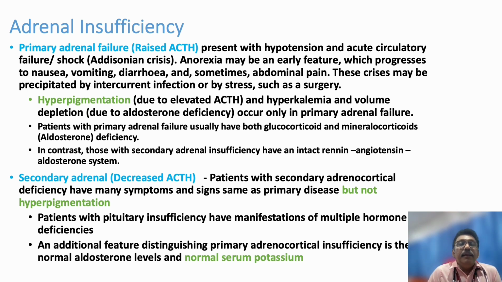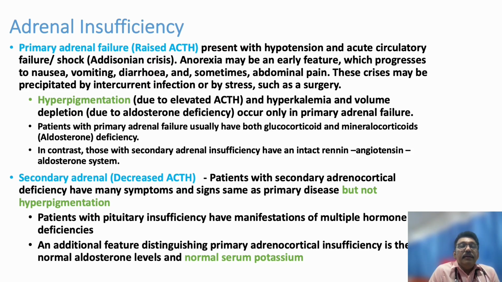Patients with primary adrenal failure usually have both glucocorticoid and mineralocorticoid deficiency. In contrast, those who have secondary adrenal insufficiency have an intact renin-angiotensin-aldosterone system, so they will not develop hypotension, shock and all, like primary adrenal failure. Patients with secondary adrenal insufficiency have many symptoms and signs of the primary disease, but not hyperpigmentation.